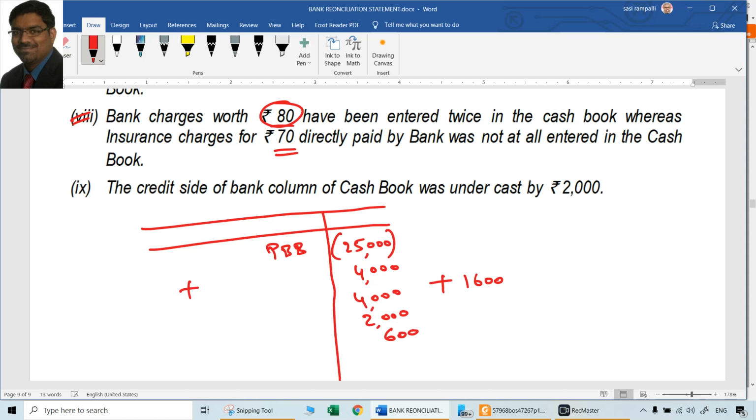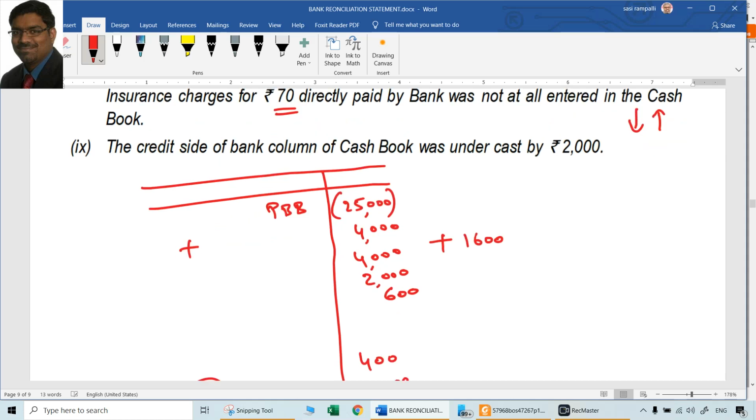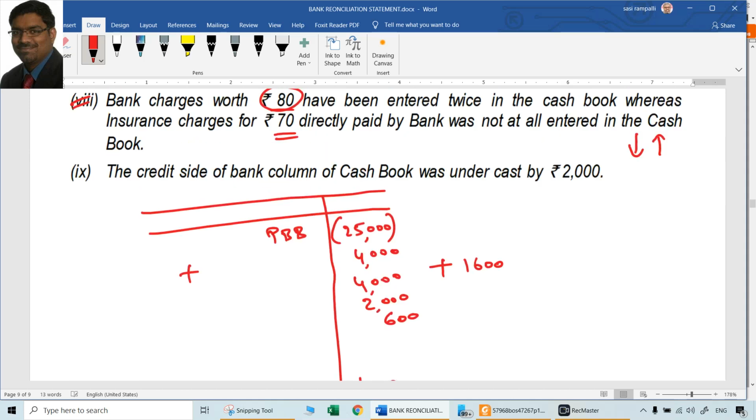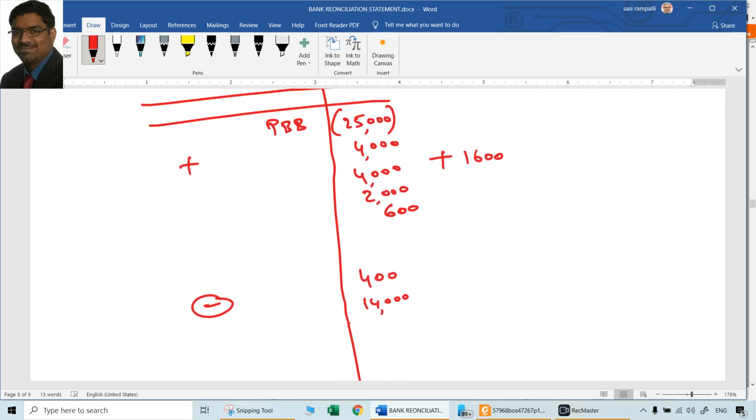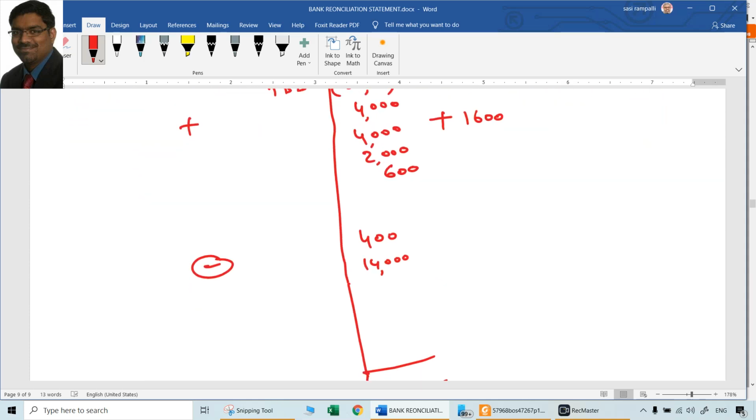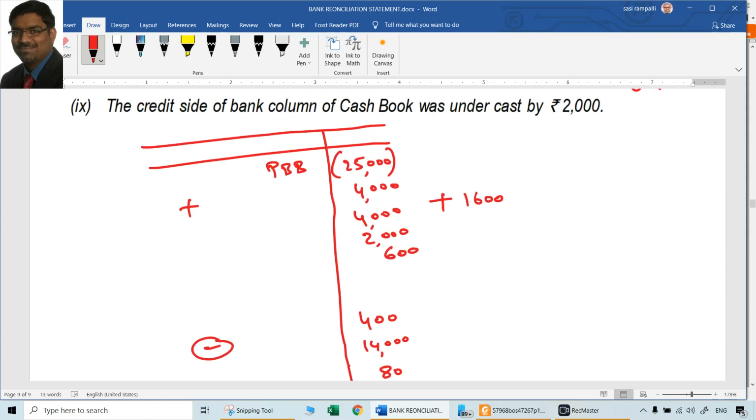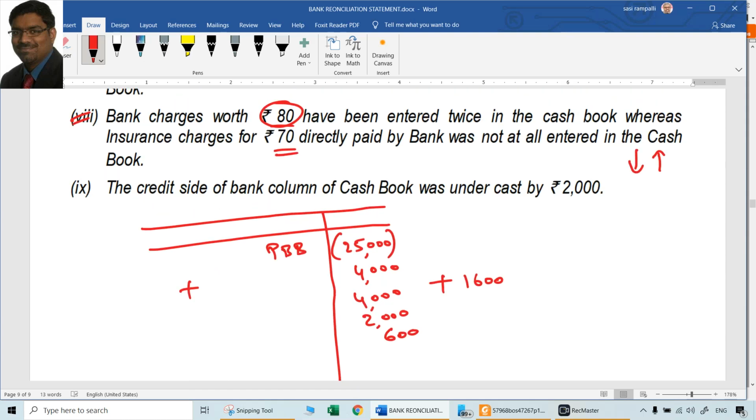When bank charges were recorded unnecessarily twice, cash book balance would have been lower, which means passbook balance would have been higher by this amount. Though it is a mistake, the impact is that when passbook balance is already higher, what we should do is reduce, because our starting point is passbook balance. If we prepared a revised cash book, we would have rectified this, but we are not preparing.